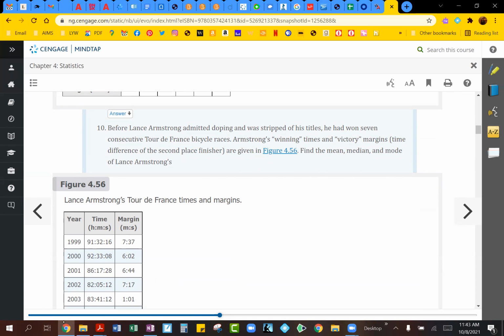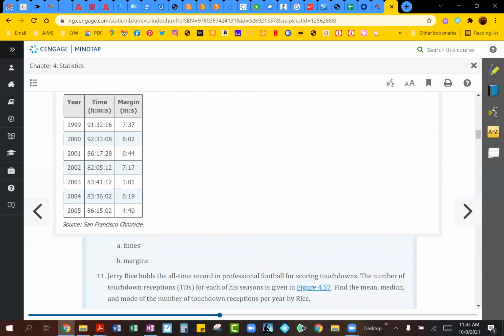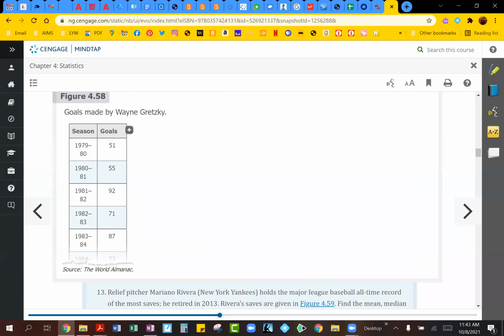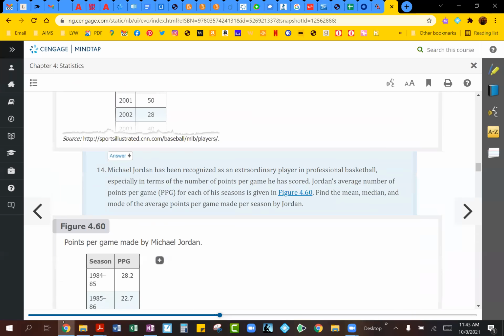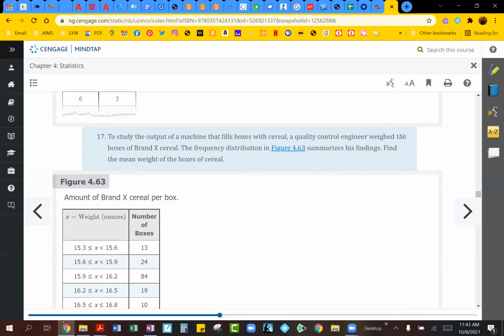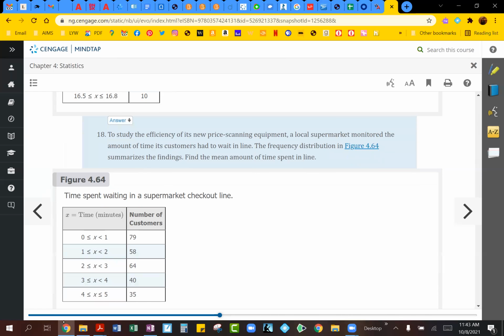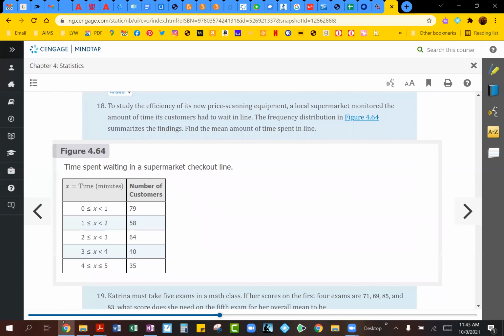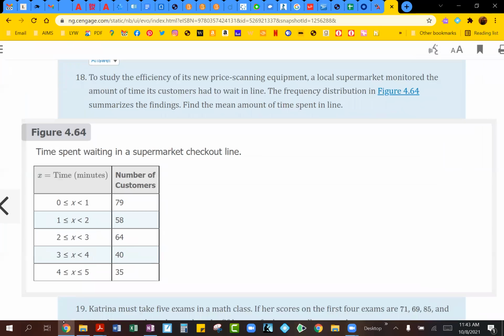But like I said, I wanted to look at the grouped ones because that is something that's probably going to be new for us to look at. So let's start with number 18 over here.